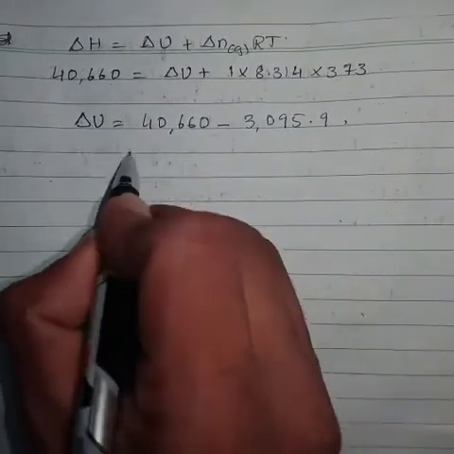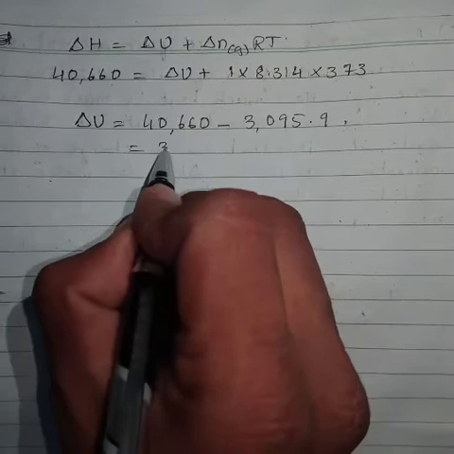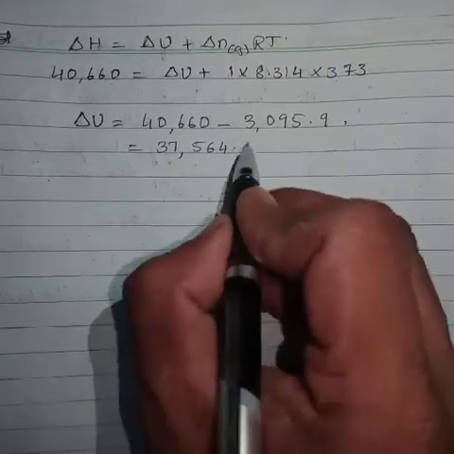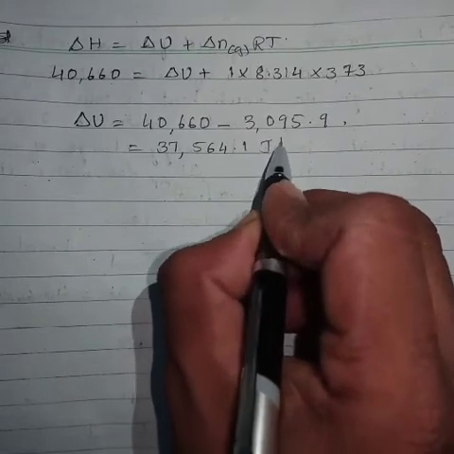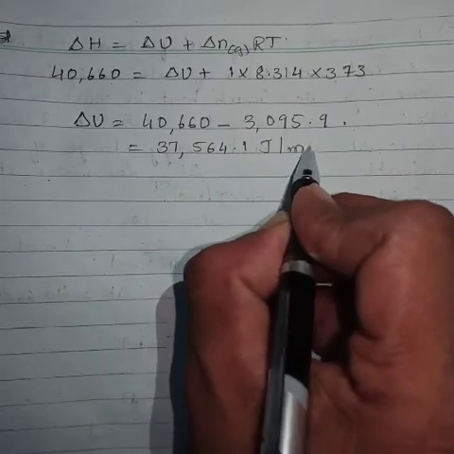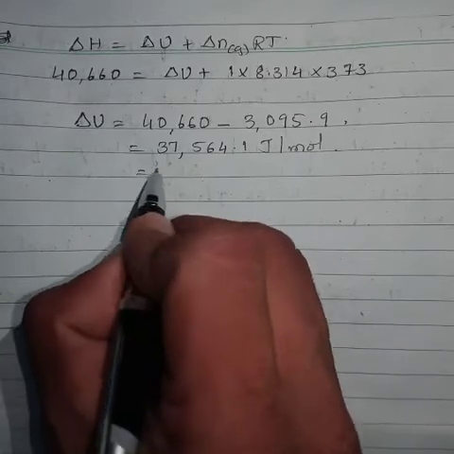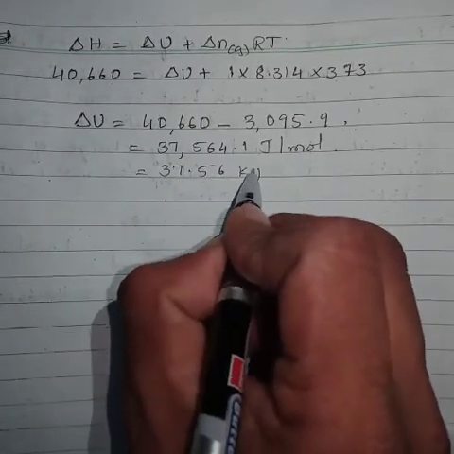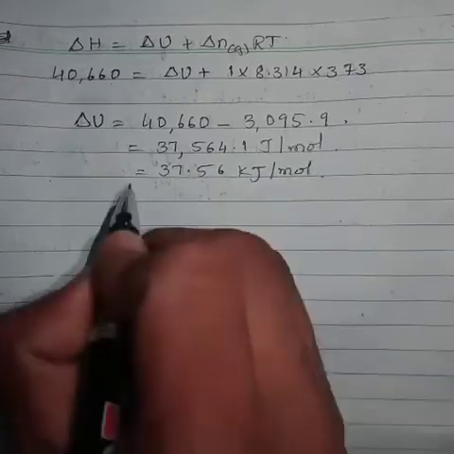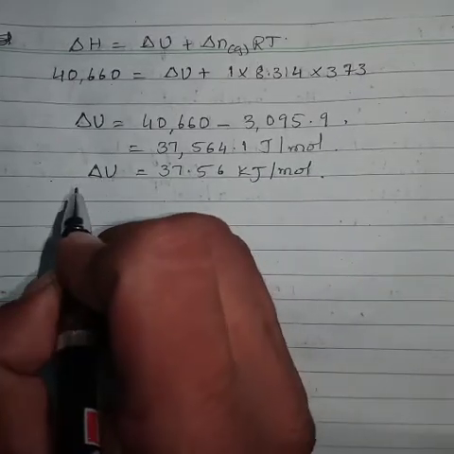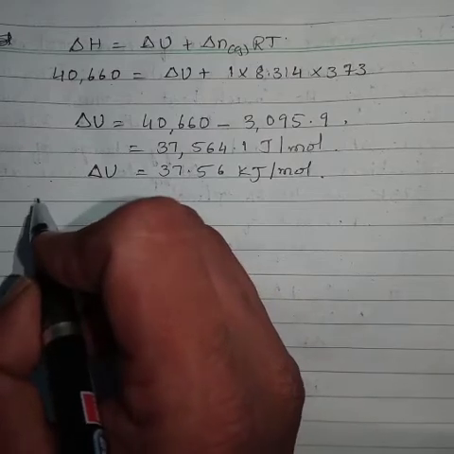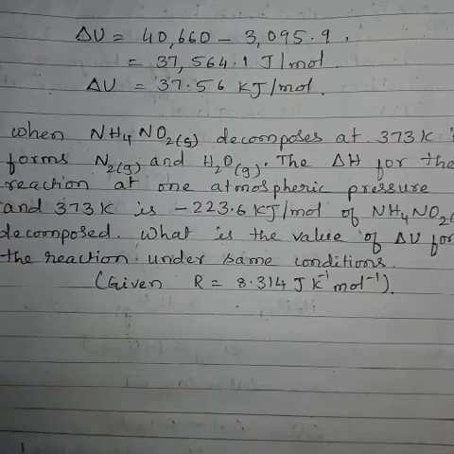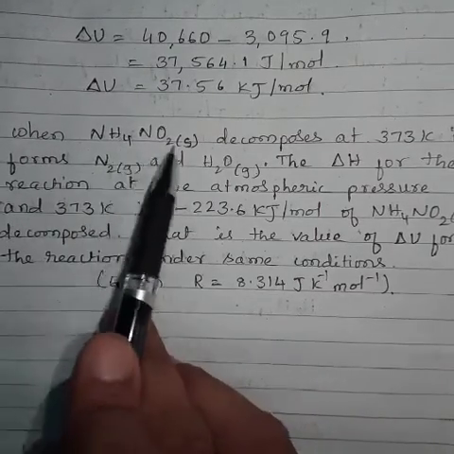Just by subtracting these two we are getting 37,564.1 joules per mole, or 37.56 kilojoules per mole. This is change in internal energy during this reaction.